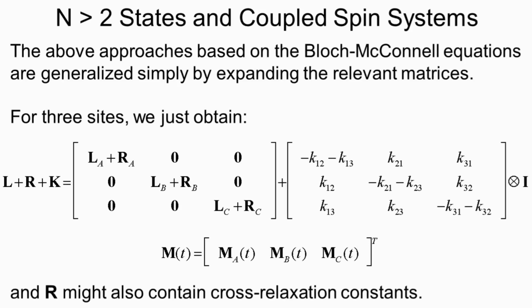So here, for example, would be R1 row for 3 states.